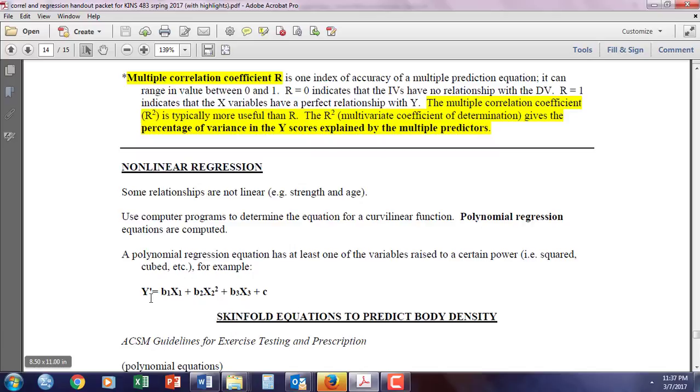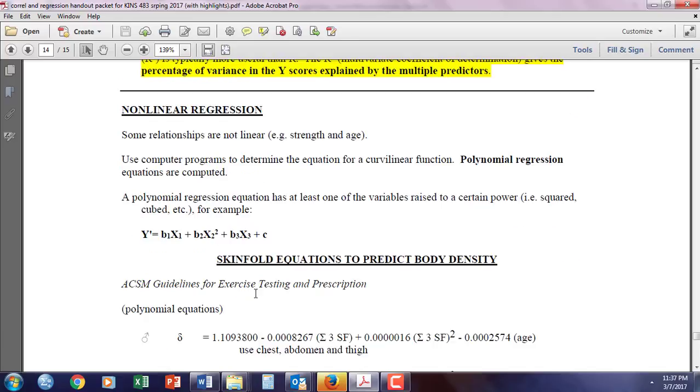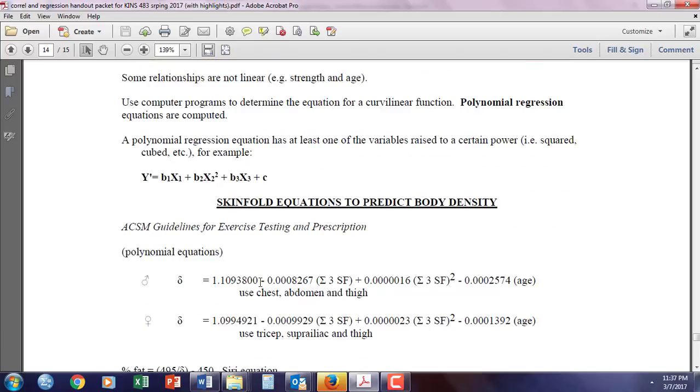Sometimes you're going to see multiple regression equations written like this. There's an exponent involved because it's a polynomial regression. It's just not a linear equation. There's a different formula. And most of the true equations for predicting body fatness from skin fold look something like this. This is actually a regression equation. We're predicting body density in this case.